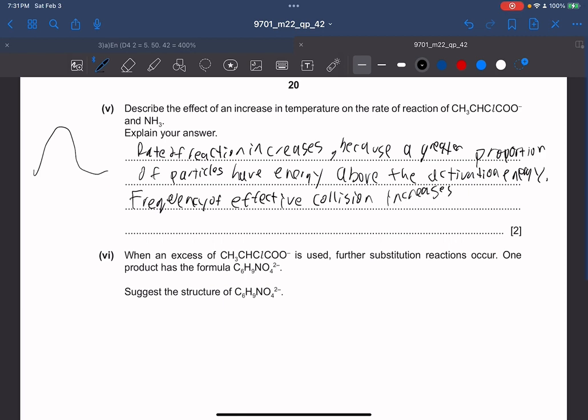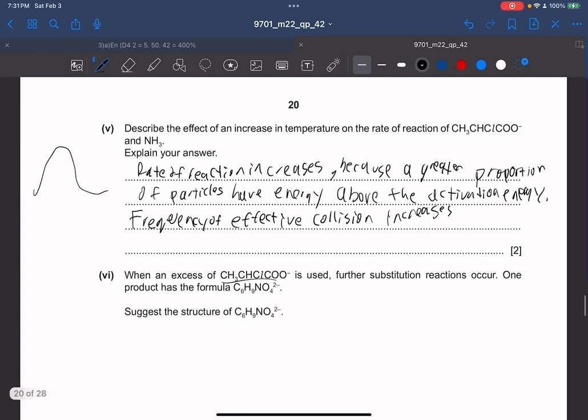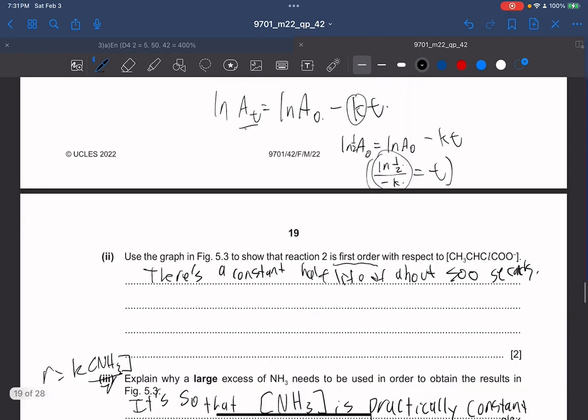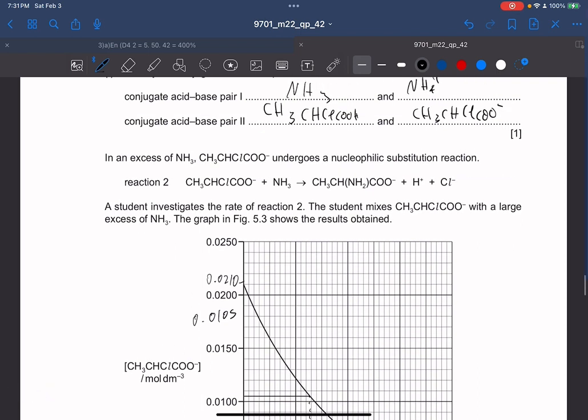When an excess of this is used, further substitution reactions can occur. The product has the formula. Okay, give me a sec. So that's going to substitute in H plus Cl.